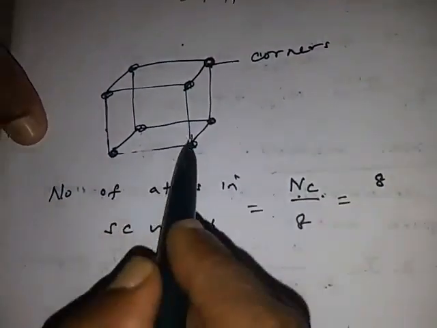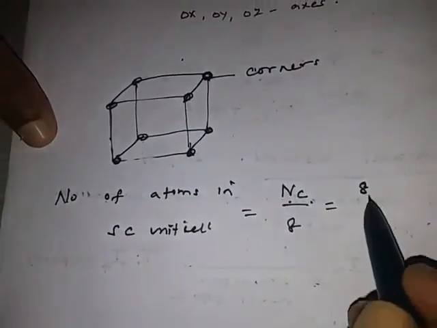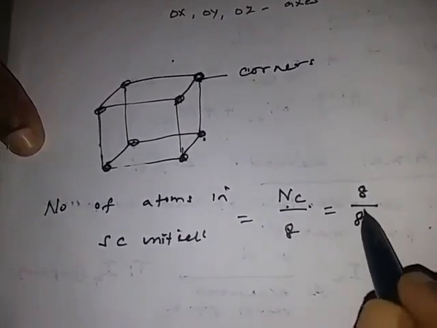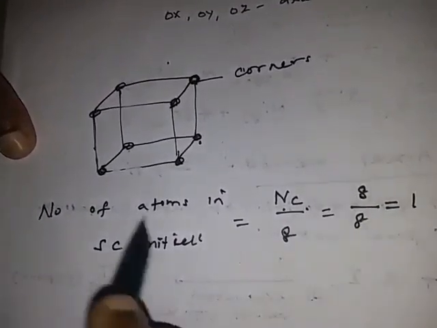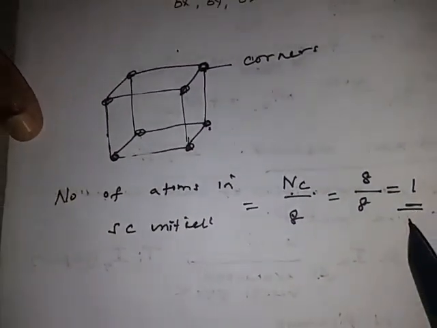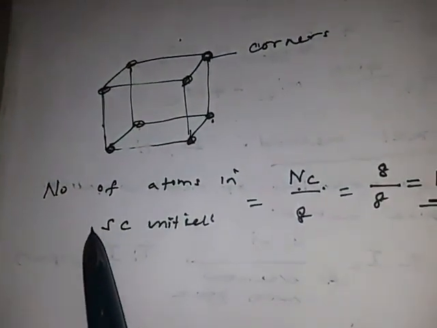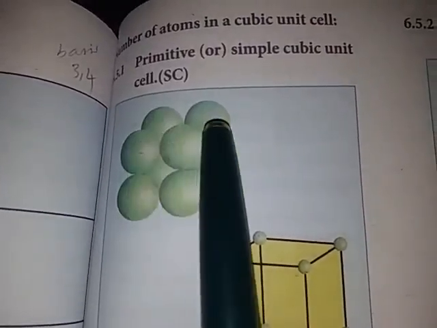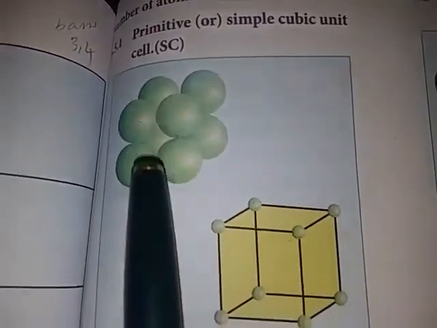We know already that there are 8 corners, so 8 atoms are present, and each atom is shared by 8 other unit cells. So 8 divided by 8 equals 1. So in a simple cubic unit cell only one atom is present, from the 8 corner atoms.